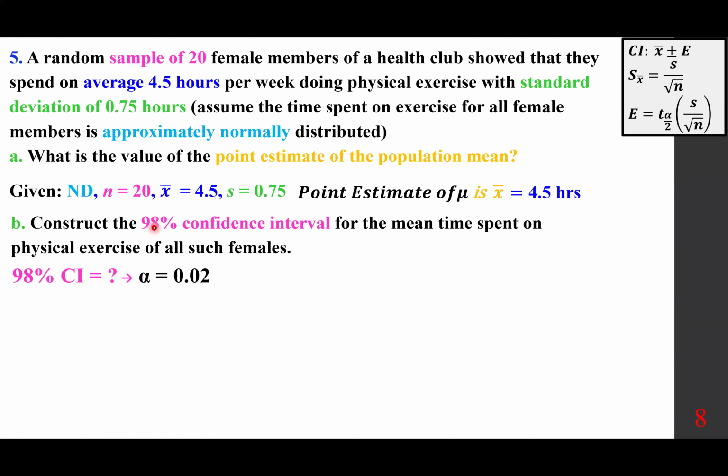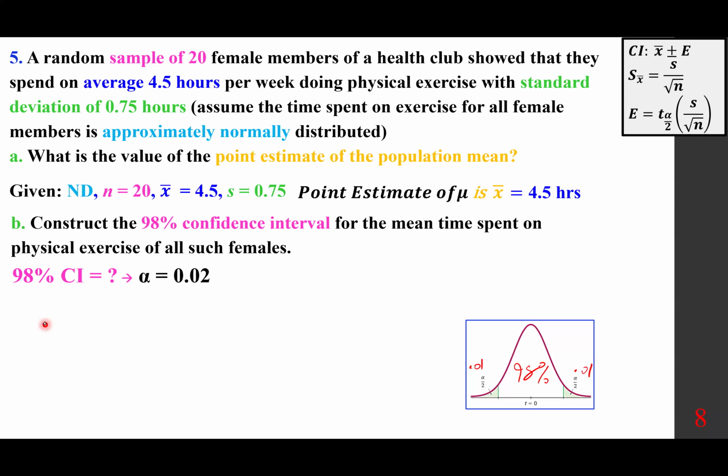So we have a 98% confidence interval. That means alpha, the tail, is 2% or 0.02. This is 98%, and this is 2% divided by 2, 0.01.